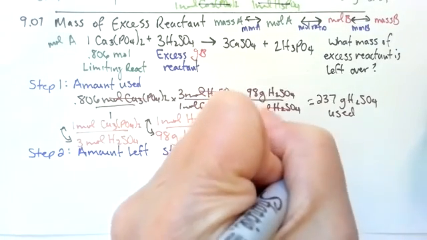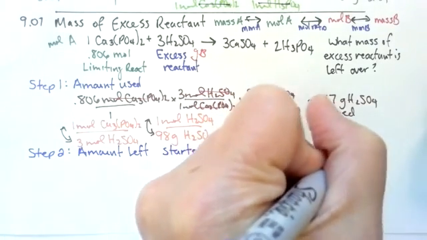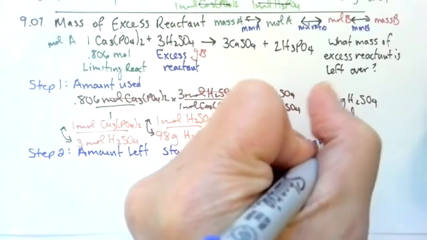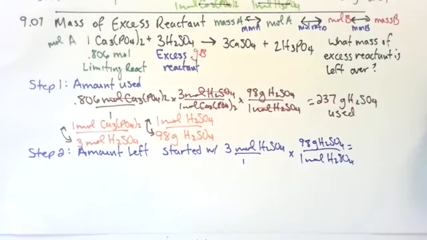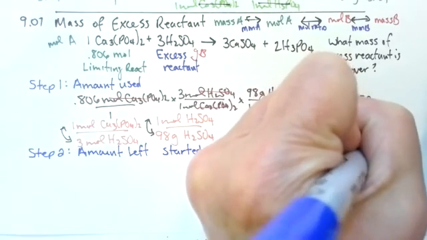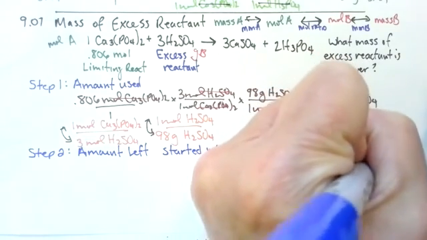So I'm going to have 1 mole of H2SO4 is 98 grams. H2SO4, I found that just above. When I multiply, I get 294 grams is what I started with.